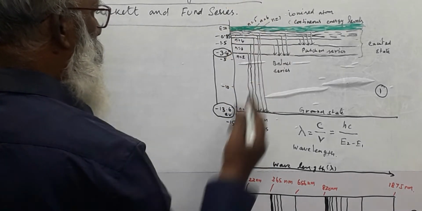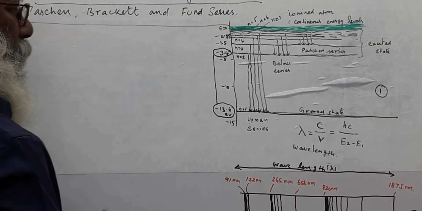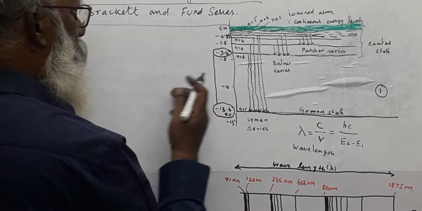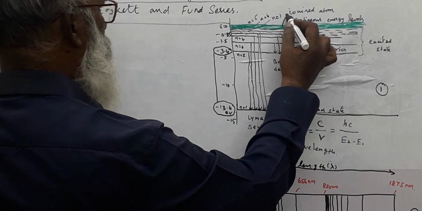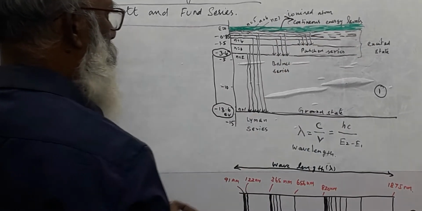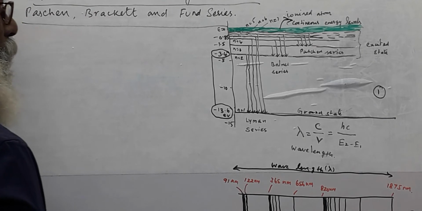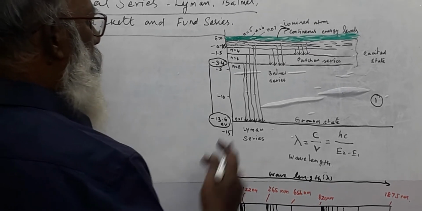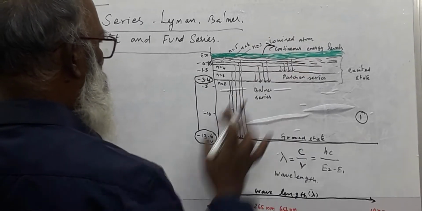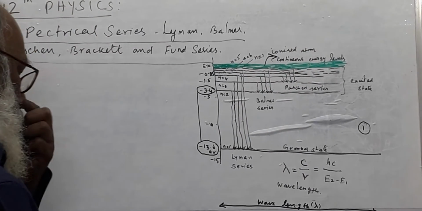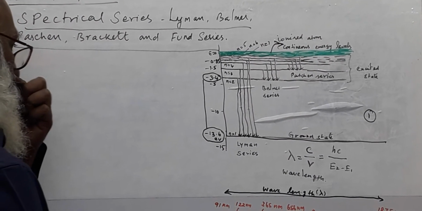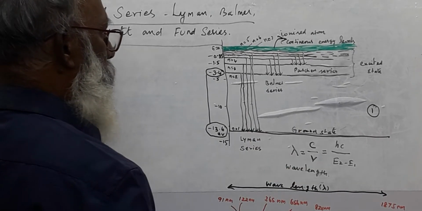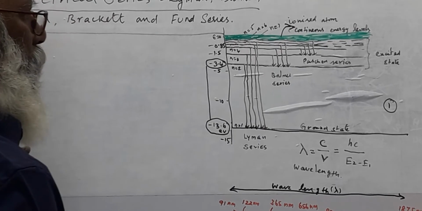And above that, when n equals infinity, the energy of the electron is equal to 0, that may be called an ionized atom, or continuous energy levels. This graphic figure tells us the important points.